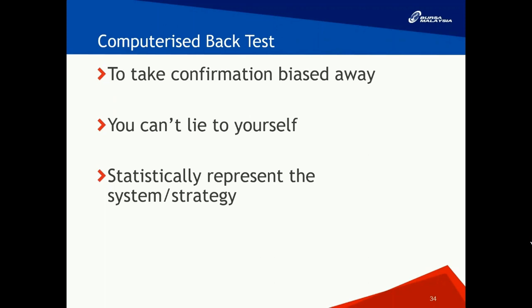You define the rules, and the computer tests based on your rules and gives you the result. Without you subjectively saying, this signal I take, that signal I don't want to take, and giving a very good result for your strategy, which is lying to yourself. With computer testing, you avoid falling into these traps. Because you cannot lie to yourself, whatever the result is statistically represents the system or strategy in a very objective way.